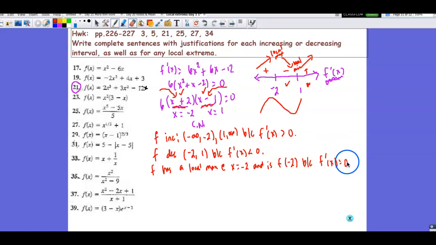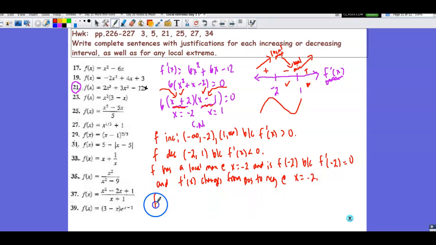So first of all, I'm going to establish a critical number. I'm going to be very clear. So f prime of -2 is equal to 0. That establishes the critical number, and f prime of x changes from, and you have to be specific, positive to negative at x equal -2.